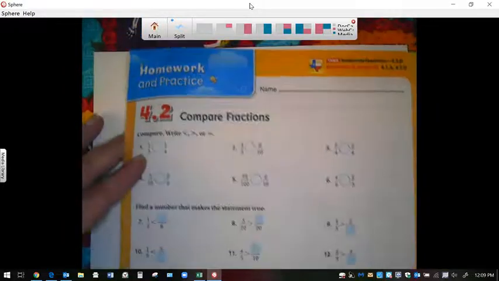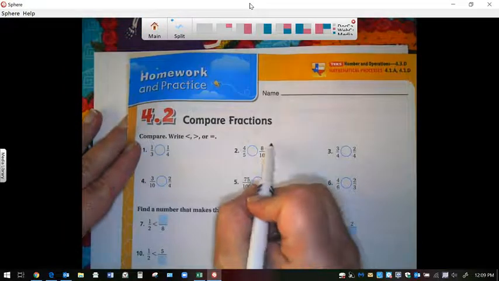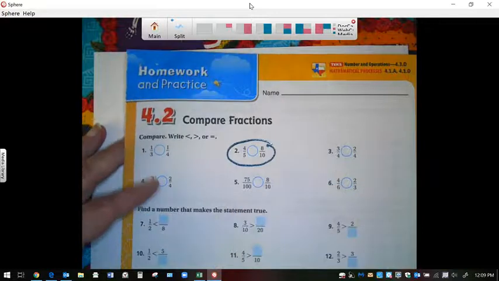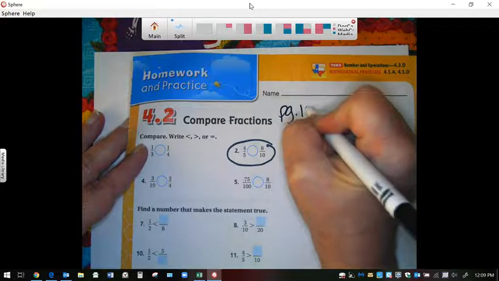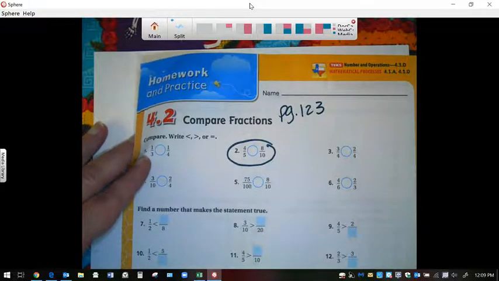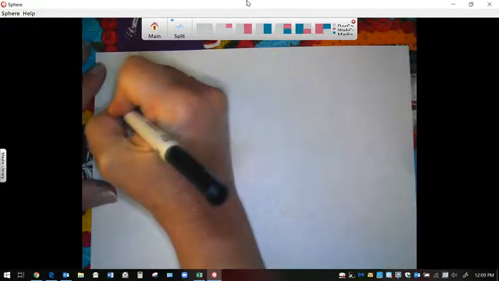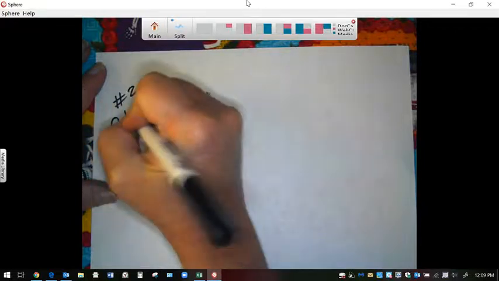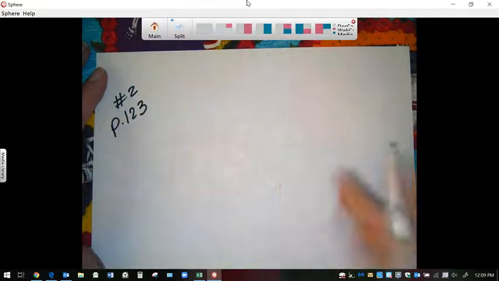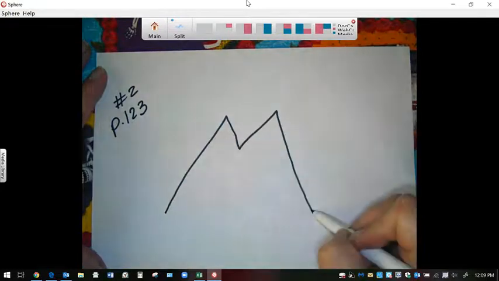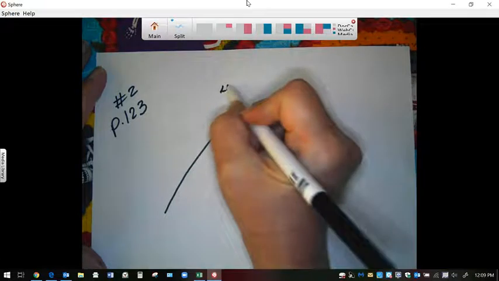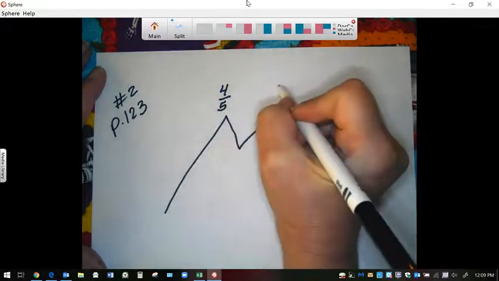Okay, but let's work on the next one. I am going to work on number 2, and this is on page 123. So, number 2, page 123. Alright, we're going to draw the M. And my 2 fractions are 4/5 and 8/10.